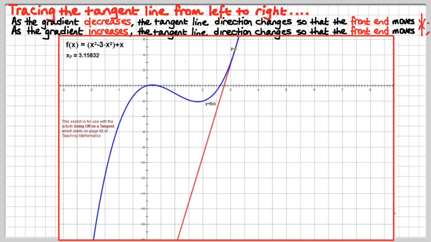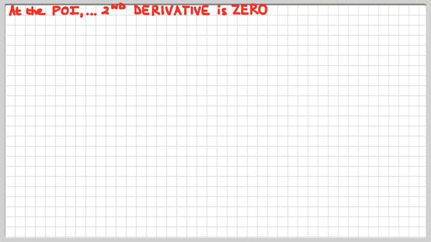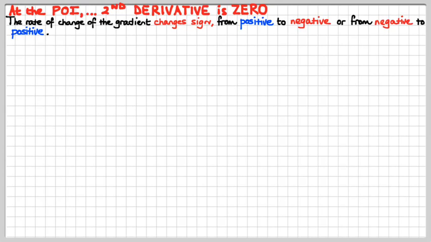That's what happens. Now, at the POI, the second derivative is 0. So the rate of change of the gradient changes sign from positive to negative, or from negative to positive through the point of inflection, where it is in fact momentarily, for one single value of x, 0.